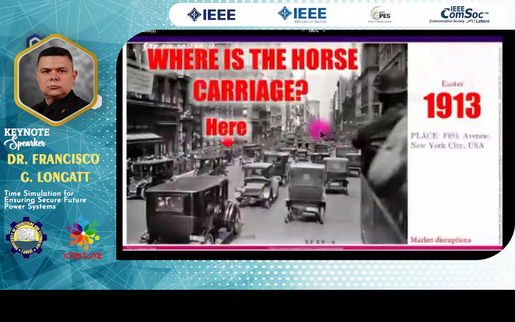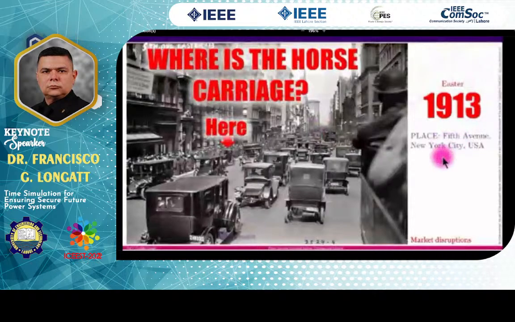And to be honest, the 20th century has been dominated until a few years ago by the internal combustion engine, a technology that started around 1900s. Because if you look at the technology, Henry Ford started the use of internal combustion engine in July 1903. And that was the starting point of this dramatic technology disruption.